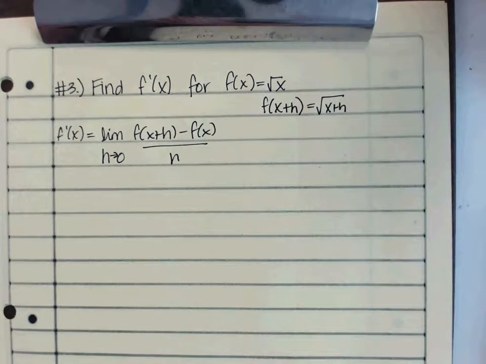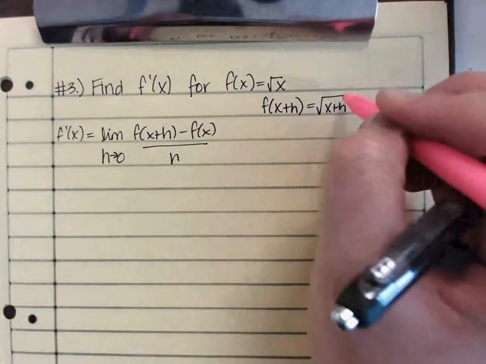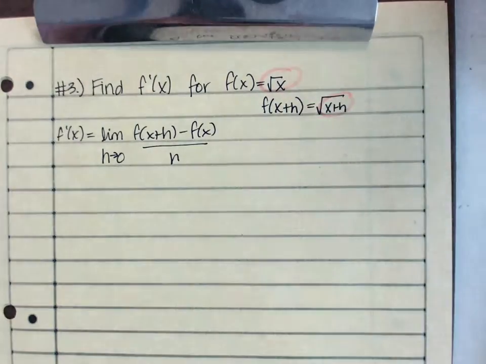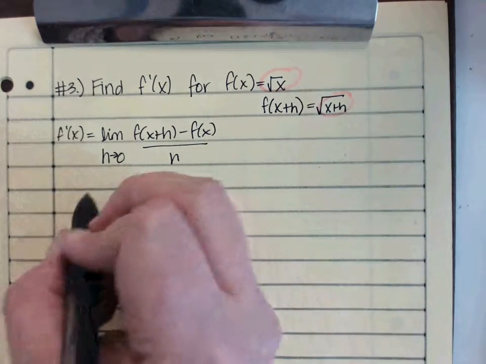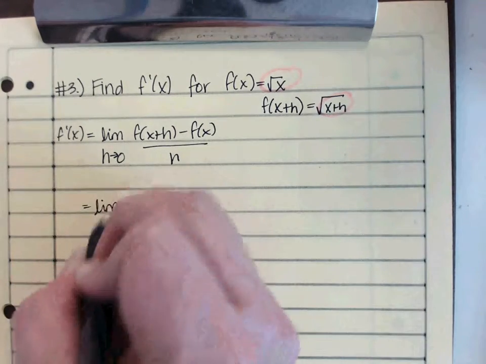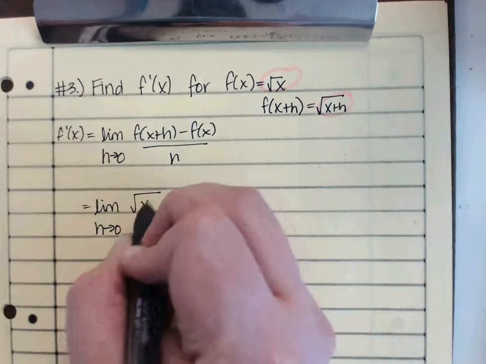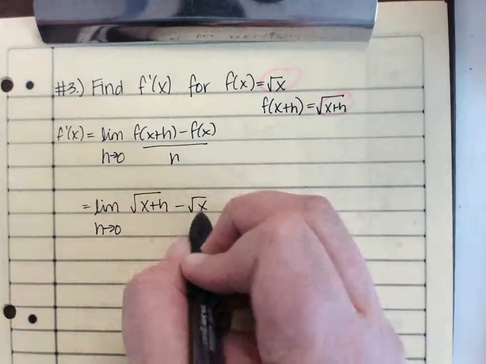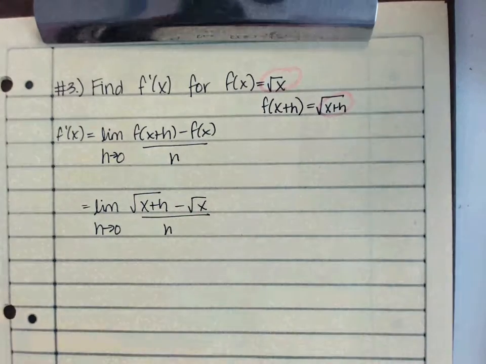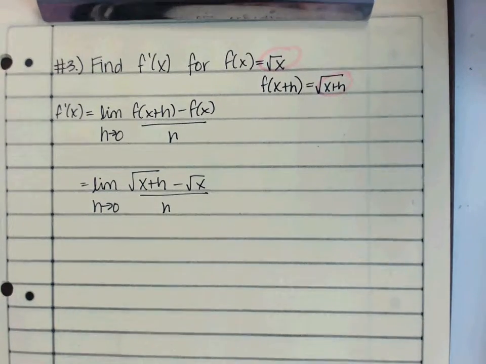Okay, focus. Here we go. I already have my f of x and my f of x plus h. I'm ready to put them in my formula. So I'm going to have the limit as h approaches 0 of root x plus h minus root x over h. Look good so far? Yes.